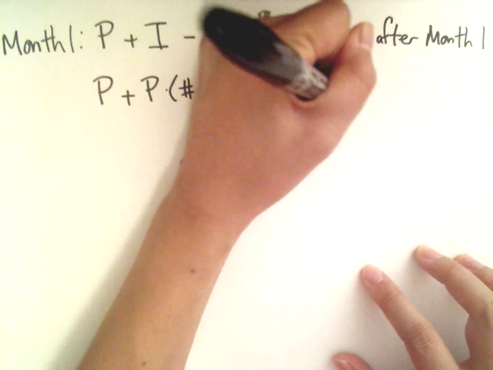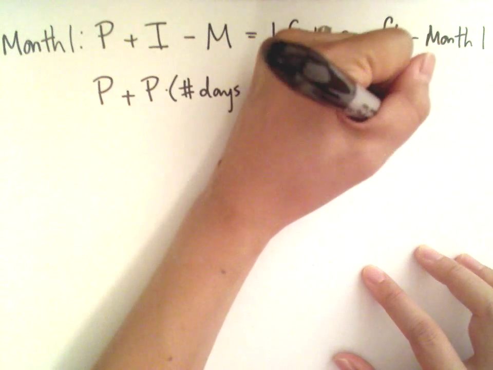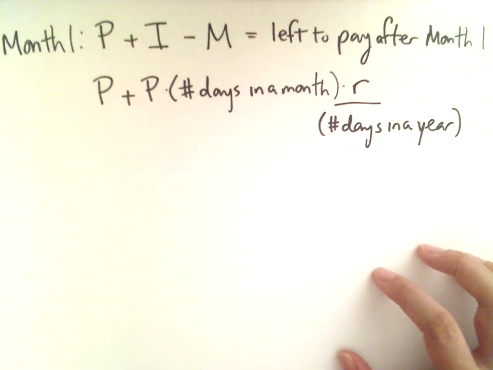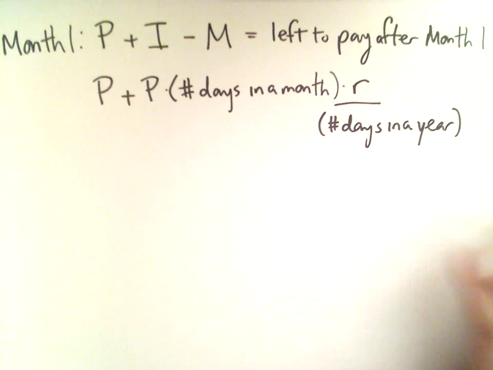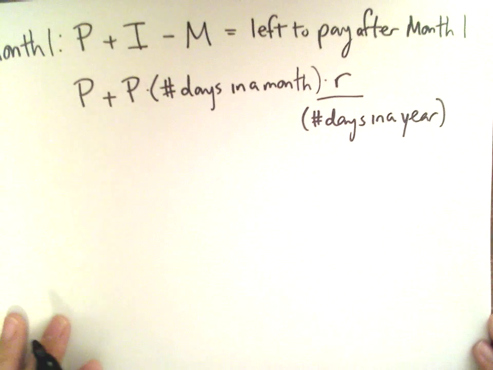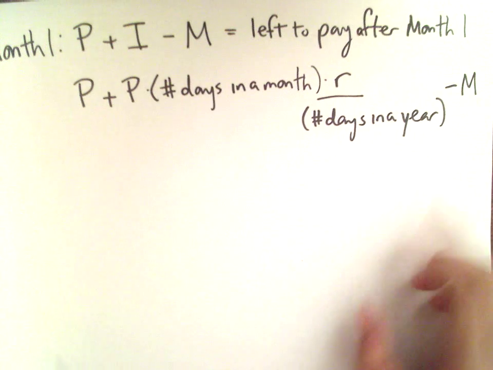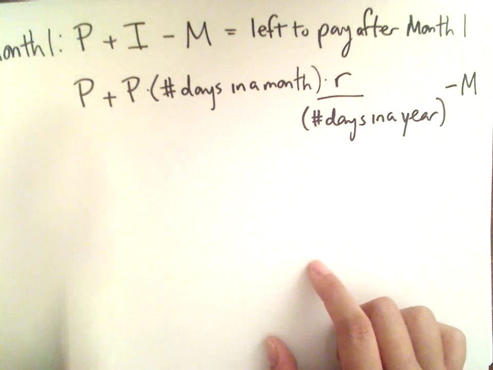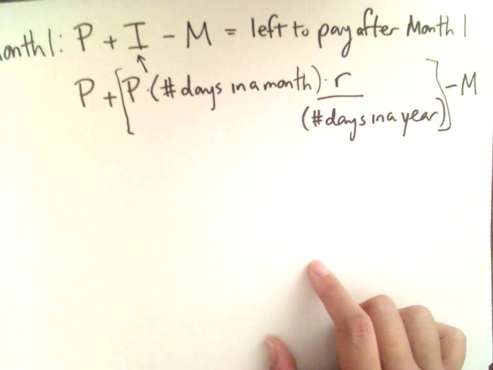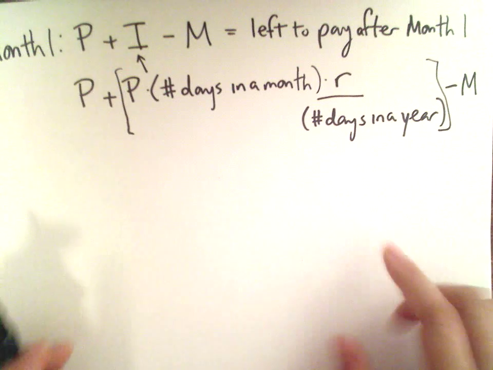So that's divided by the number of days in a year. That gives you the amount of interest that is accrued, and then you subtract off, of course, M from up here. All of this is your I.